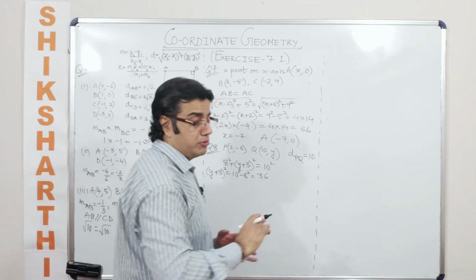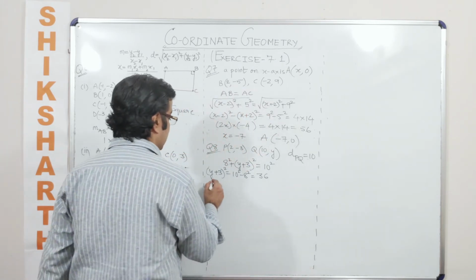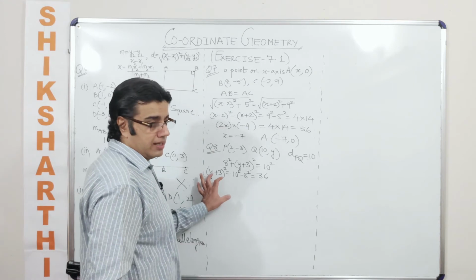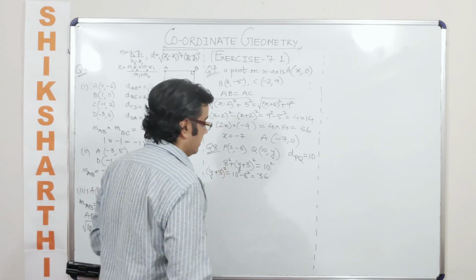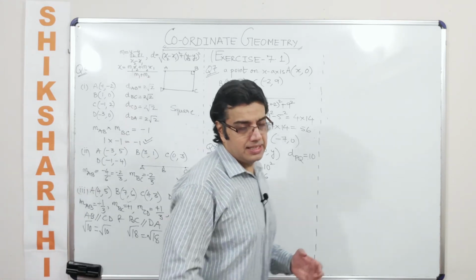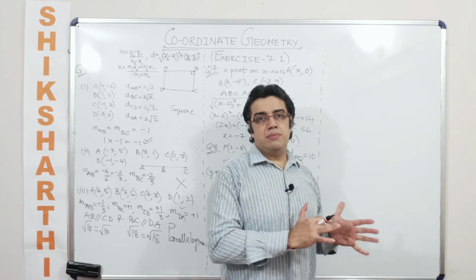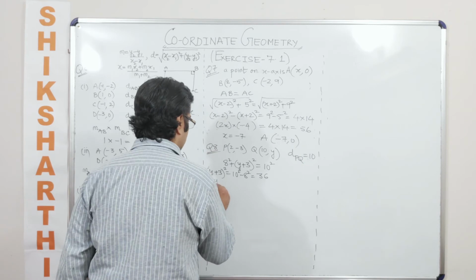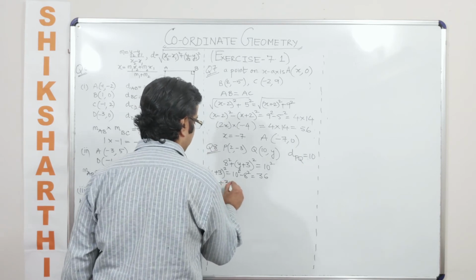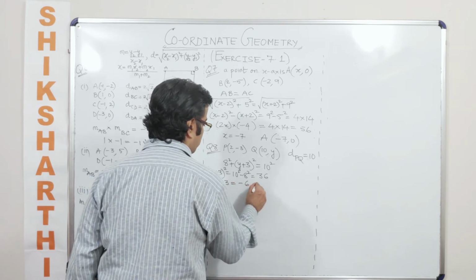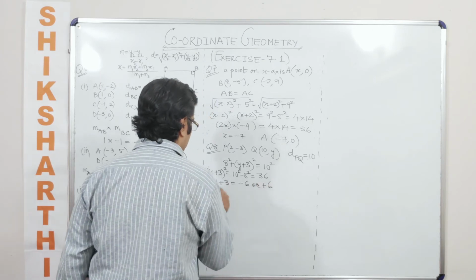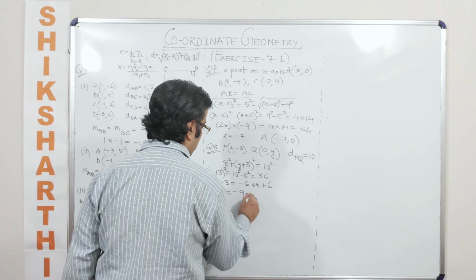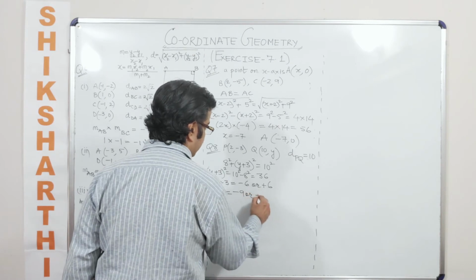Now using the concept of quadratic equation, if a square is equal to 36, then I can say a is minus 6 or plus 6. So using that concept, can I say y plus 3 is equal to minus 6 or plus 6? Going further, I can say that y is equal to minus 9 or plus 3.